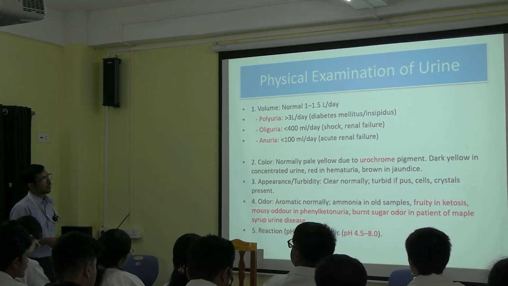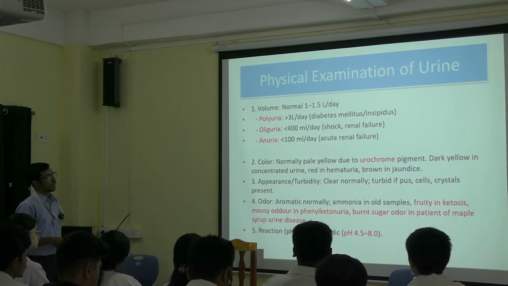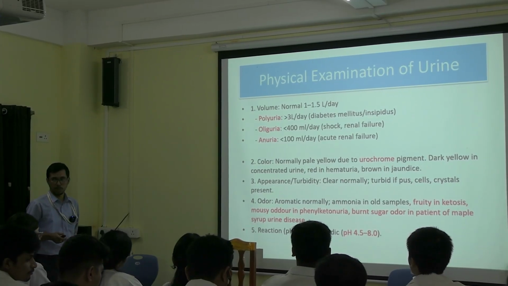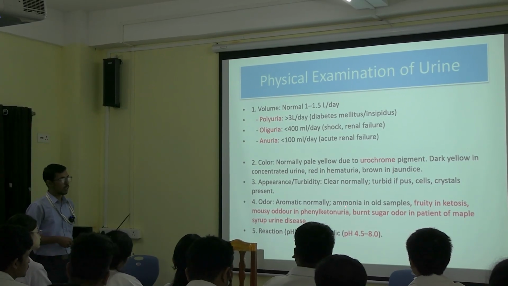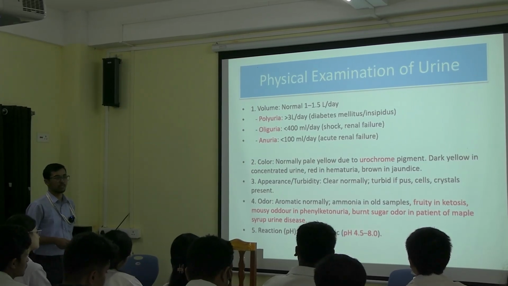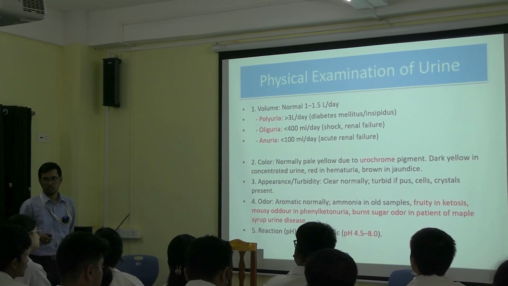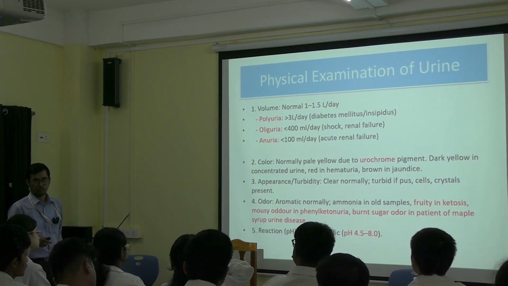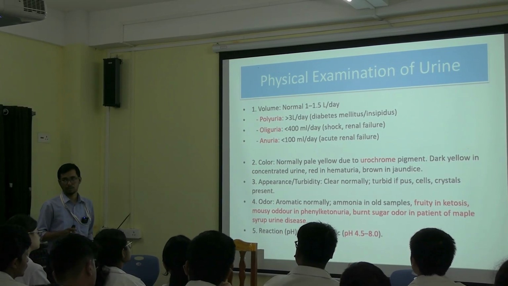Then odor. Aromatic normally, and ammonia samples. There is a pungent smell of urine that is due to ammonia. And then we can find a fruity odor in ketosis. In diabetic ketoacidosis, there are ketone bodies in urine, so that gives a fruity smell.